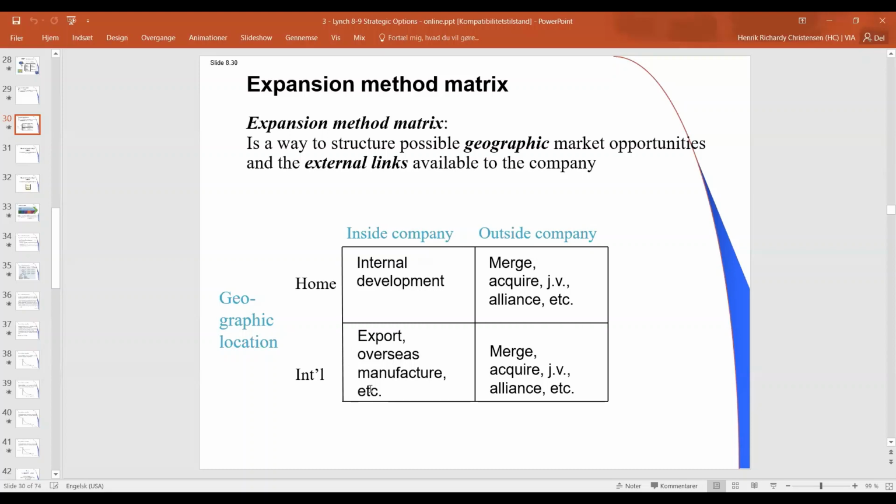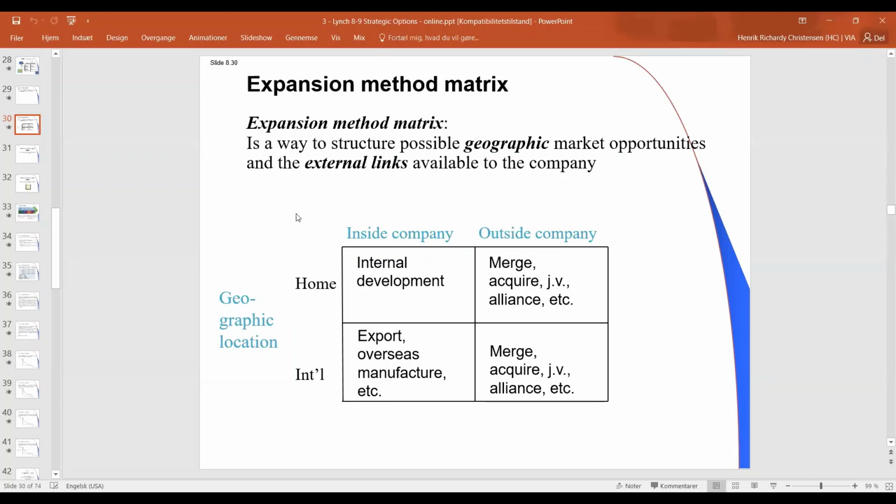And then we could also have someone outside our company to help us in our home market. If we do that, we could merge with someone, we could have some acquiring, we could have joint ventures, we could have alliances, and we could have the same going into an international context as well.